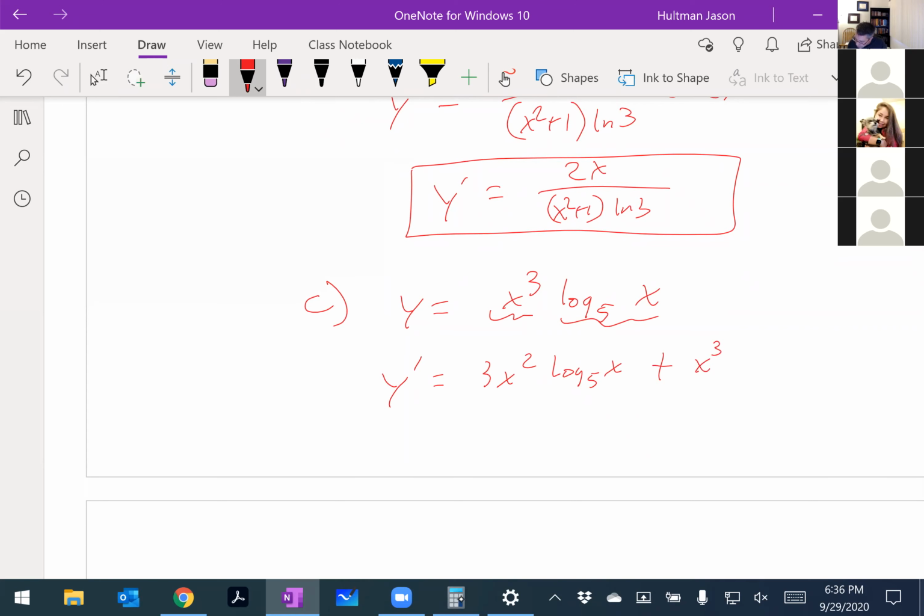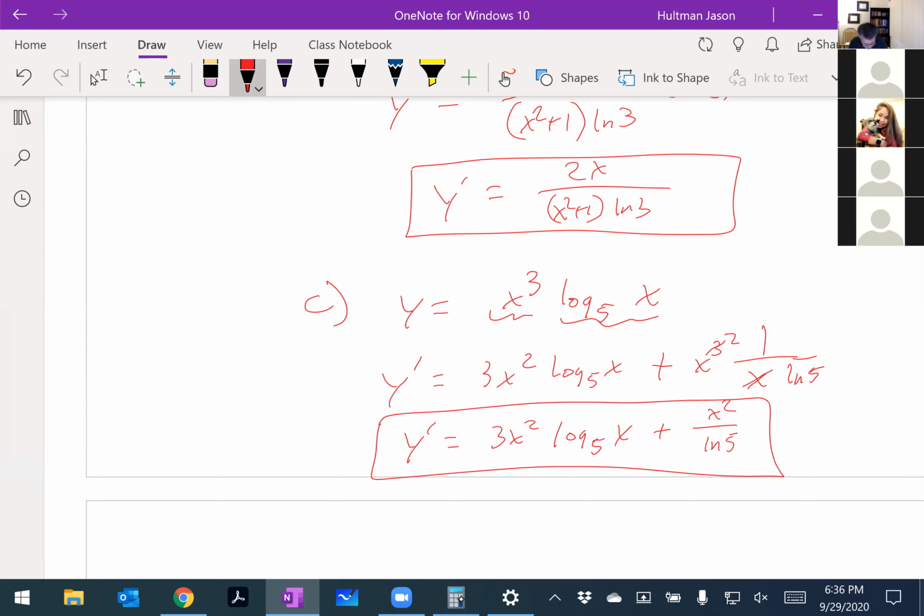What's the derivative of log base 5 of x? That's 1 over x natural log 5. One of these x's is going to cancel with one of these x's, and it's just going to leave me with x squared. So y prime is equal to 3x squared log base 5 of x plus x squared over the natural log of 5. Boom.